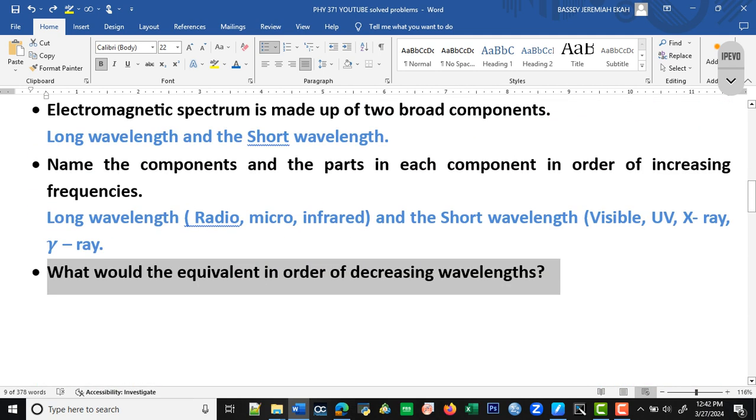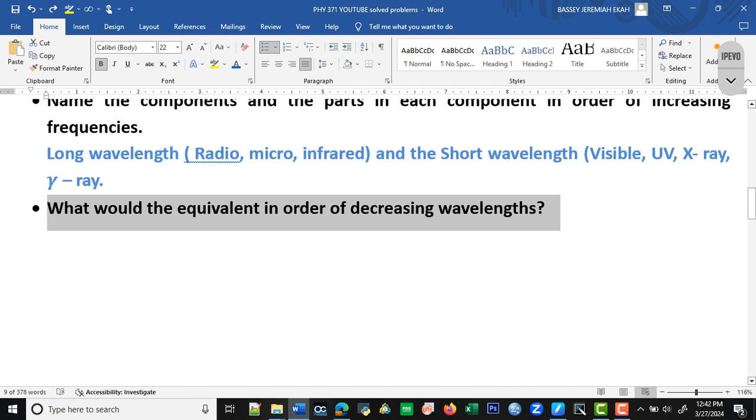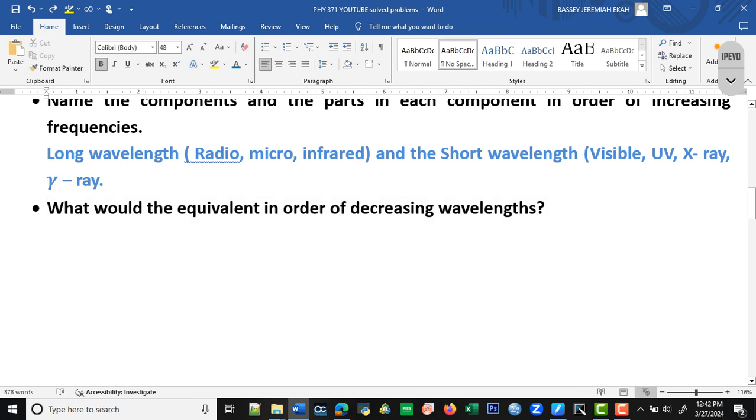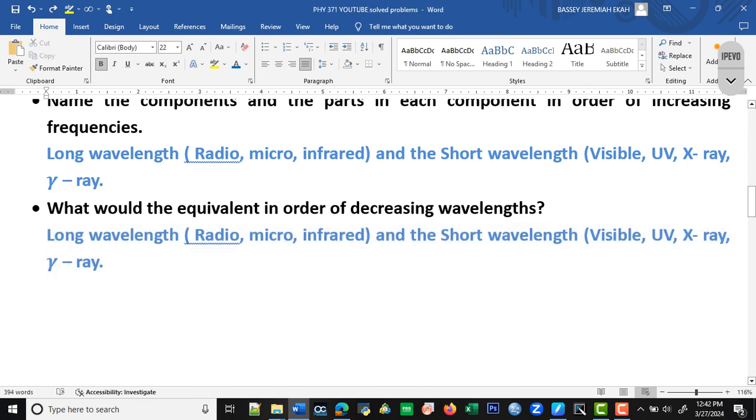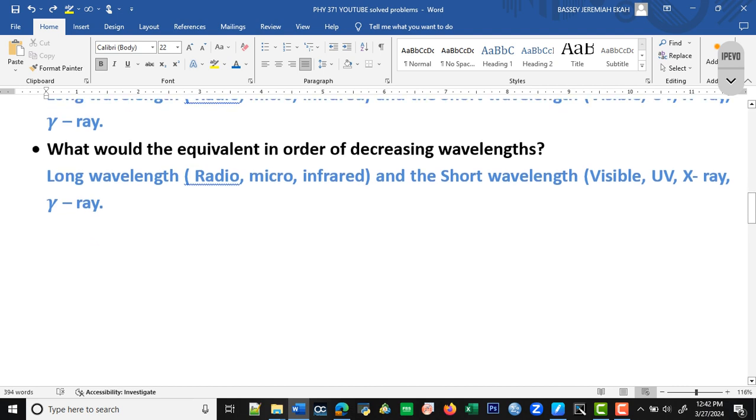So it's still the same thing as what we have written here. The radio wave, microwave, infrared, visible light, UV ray, X-ray, and gamma ray.